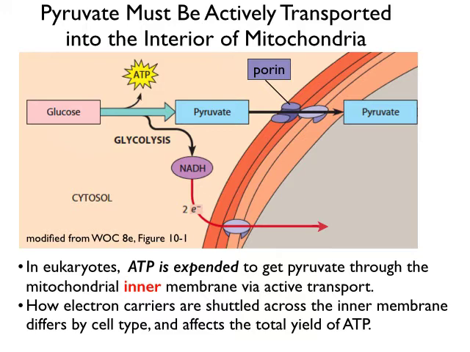The amount of energy required to do the shuttling depends on the shuttle that's used, and that depends on the cell type that we're considering. I'm not really going to talk about that at this point, but if we do the total ATP accounting in terms of how much ATP we can derive from a single glucose molecule, that number will actually vary depending on which shuttle is used in any particular cell type's mitochondria.